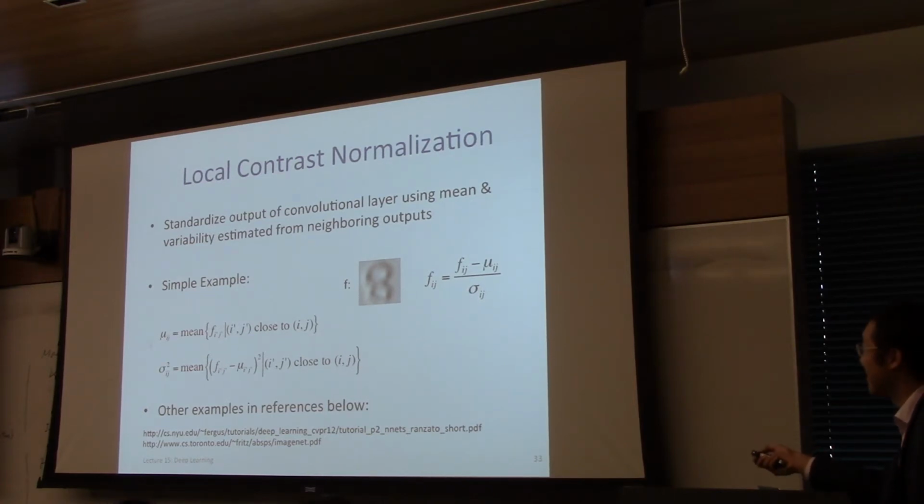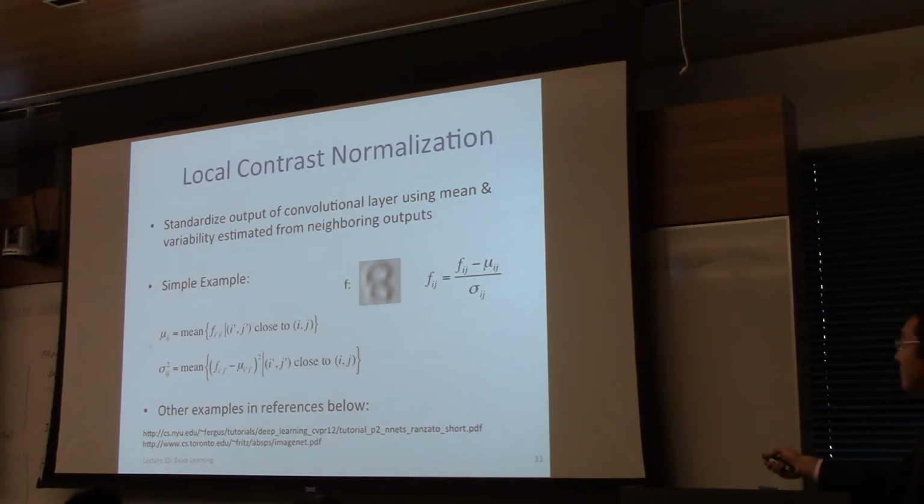So this is the output of the convolution, and instead of passing it through the network, we mean center it and normalize it by its neighbors. Here ij indexes into a cell in this array. Mu ij is simply the mean of all the f, where f is the output, all the f i prime j prime that are close to ij.